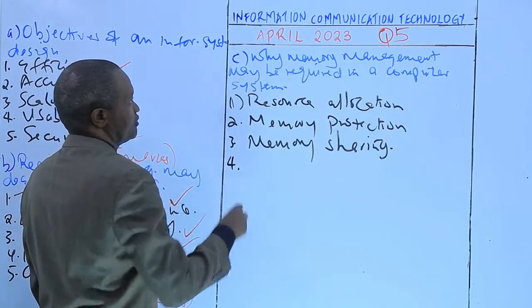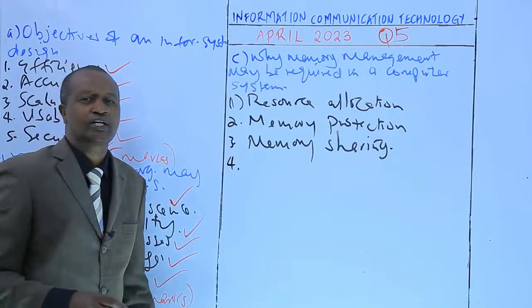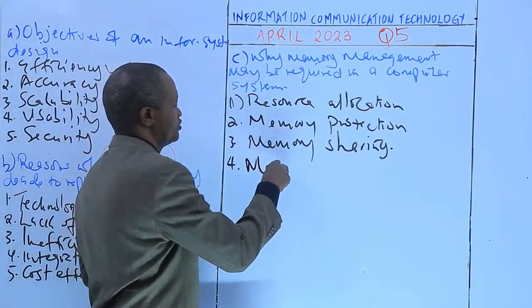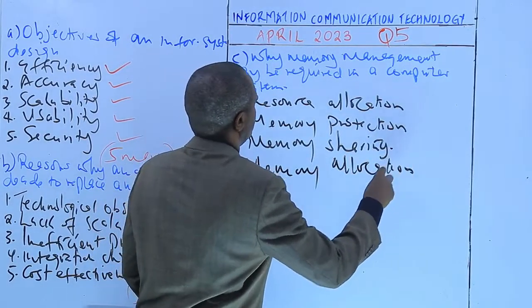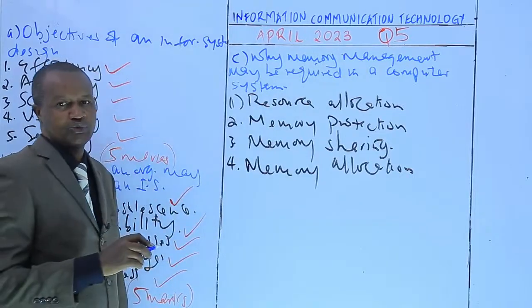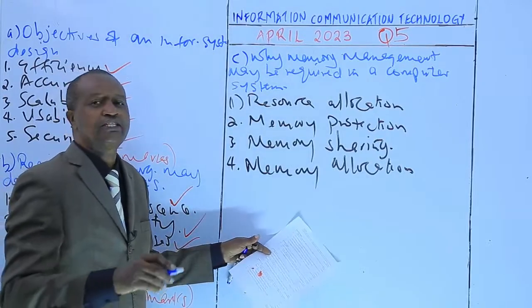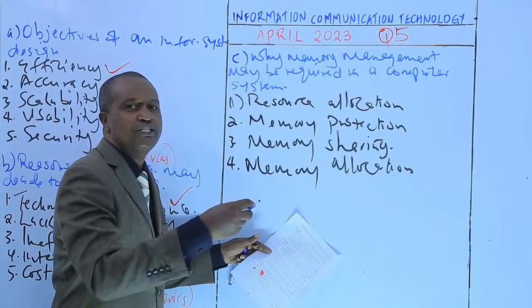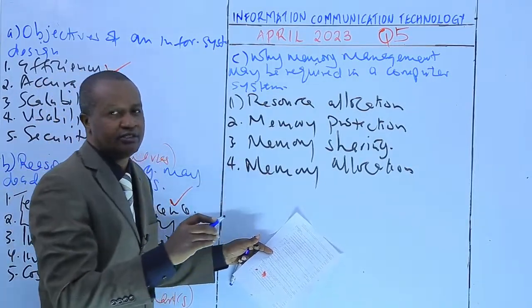The fourth reason is known as memory allocation. Point number 1 is resource allocation. Point number 4, memory allocation. When a process or program terminates or is no longer in use, memory management handles the deallocation of the associated memory.